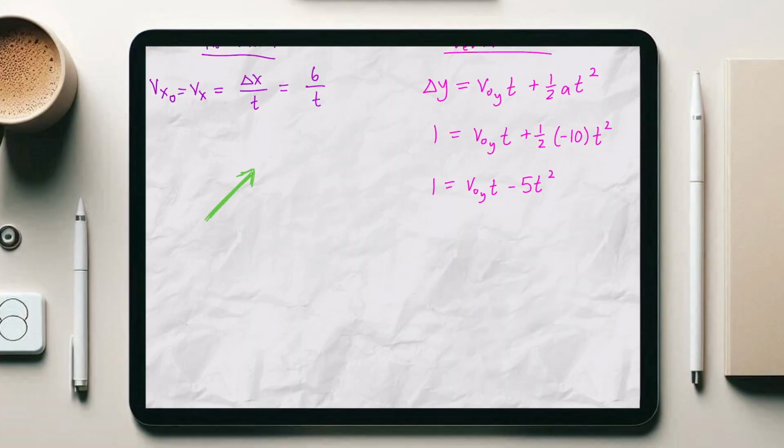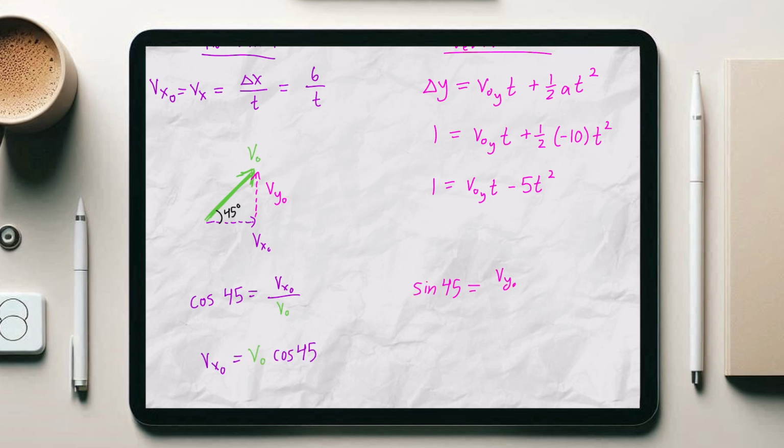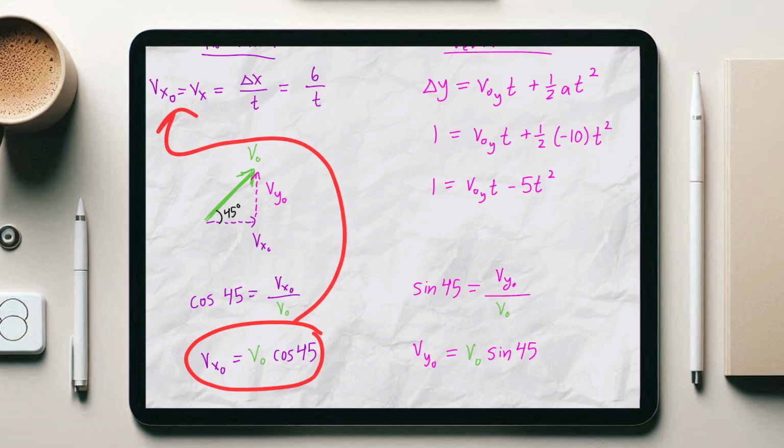We don't really care about the components. So let me rewrite both of these equations in terms of the actual initial velocity. But to do this, we need to know a little bit of trigonometry, but let me just draw it out. We can now insert these two expressions into our variables from before.